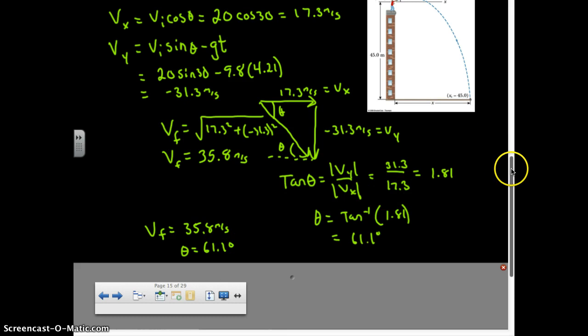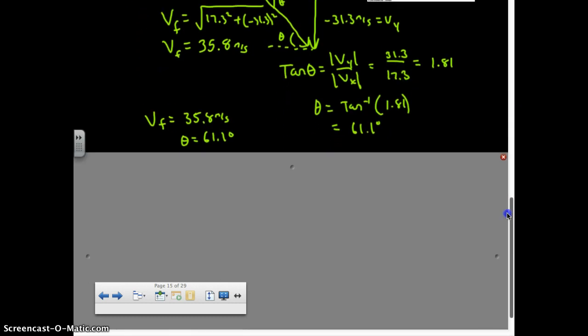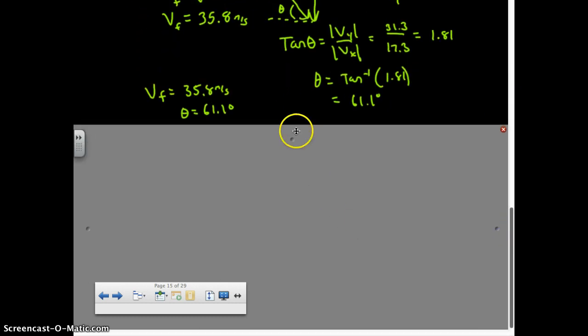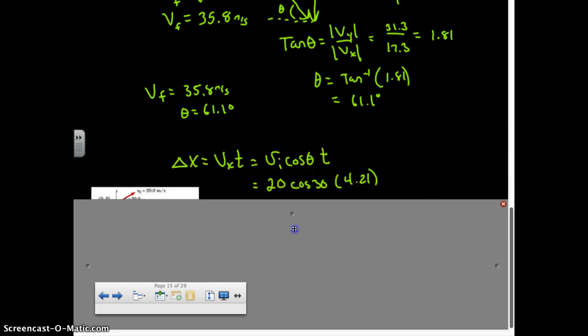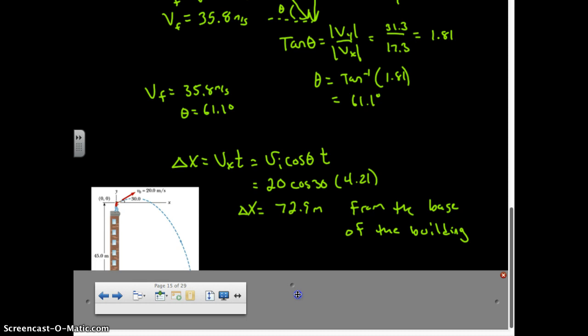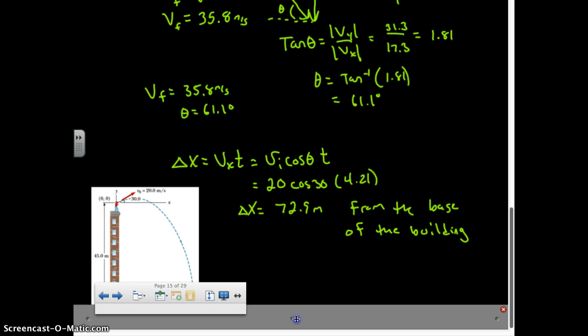Question number 3 was how far away from the base of the building the rock landed. That's our delta x, or our range, from the base of the building.